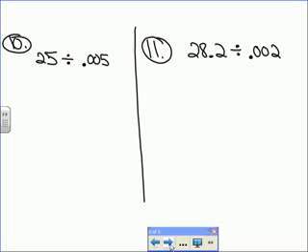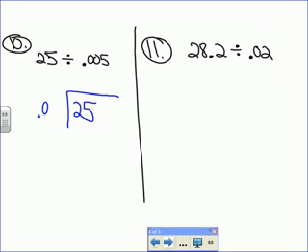Now, we don't have powers of 10, so we can't really just do them in our head that quick. So let's write these out. 25 divided by 0.005.